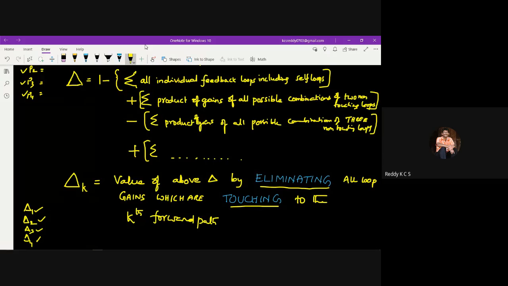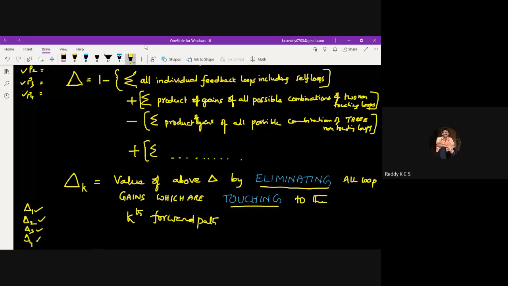Very important: you need to understand this Mason's gain equation, what parameters are present in it, what the feedback loop is, what the forward path is, what the path gain is. Yesterday we discussed all those terminologies, and the same terminology I'm using here. You should also know the combinations of two non-touching loops and three non-touching loops.